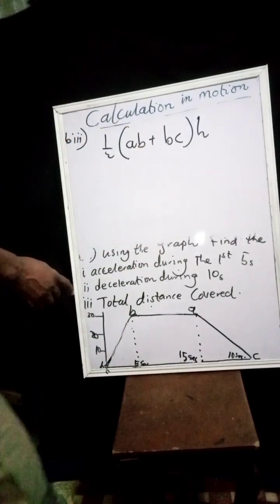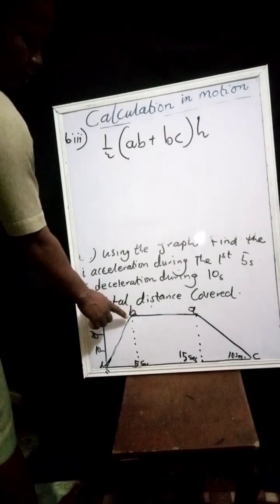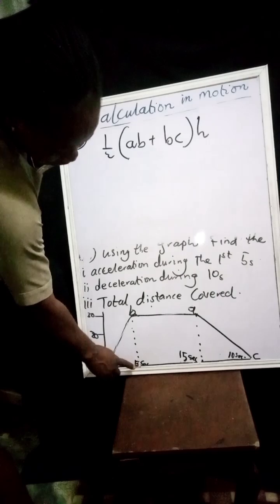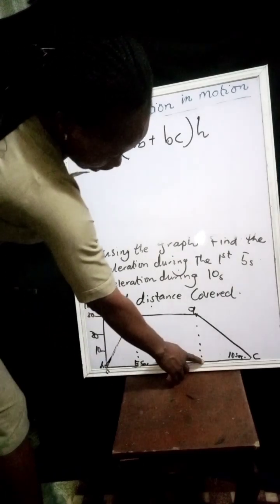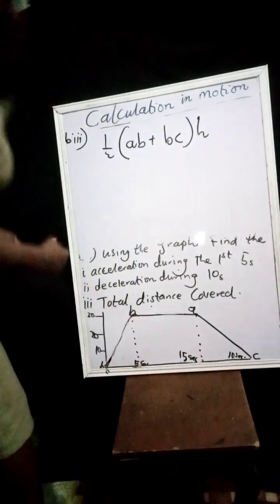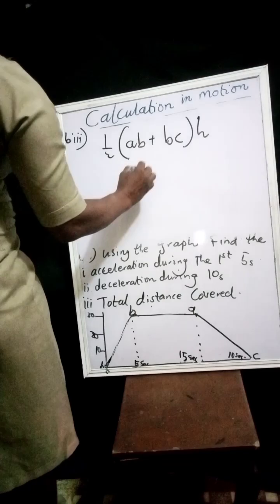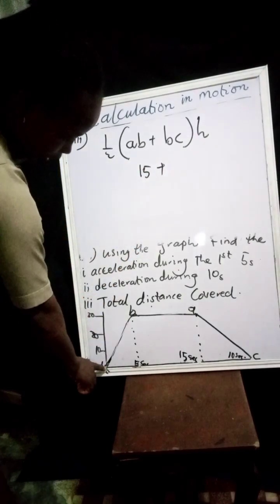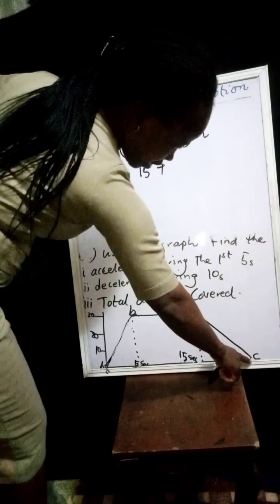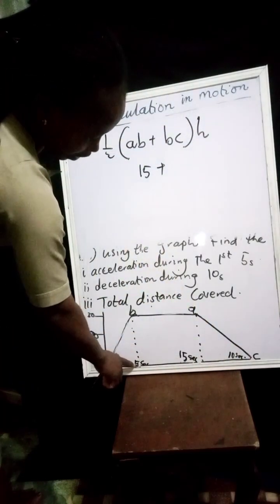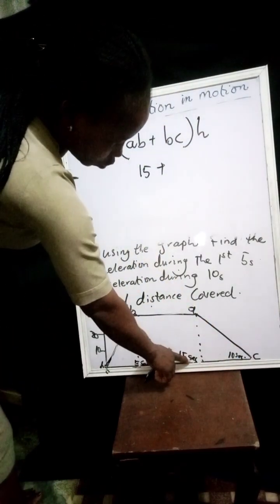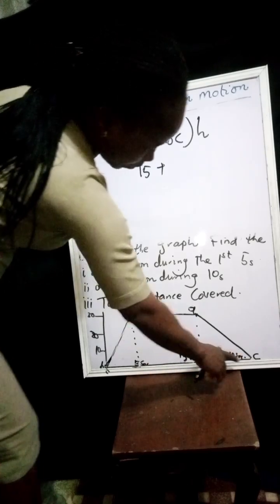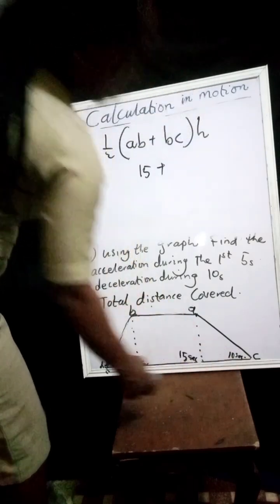So our AB, from here to here, gives us 15. So we have 15 plus, from here to here is 5. 5 plus 15 is 20, then 20 plus 10 is 30.